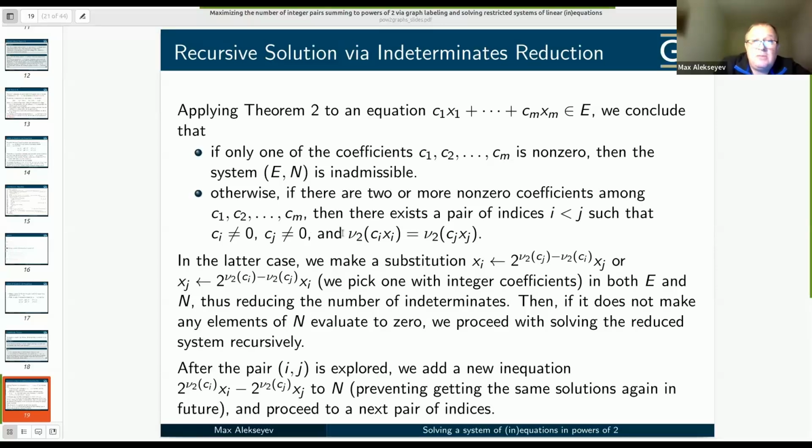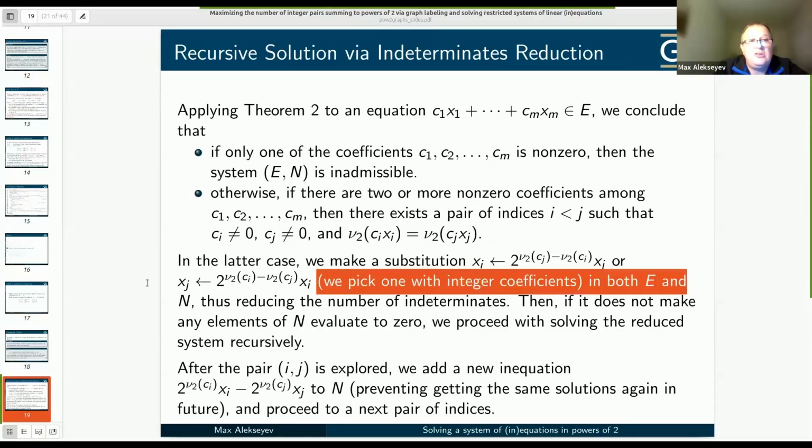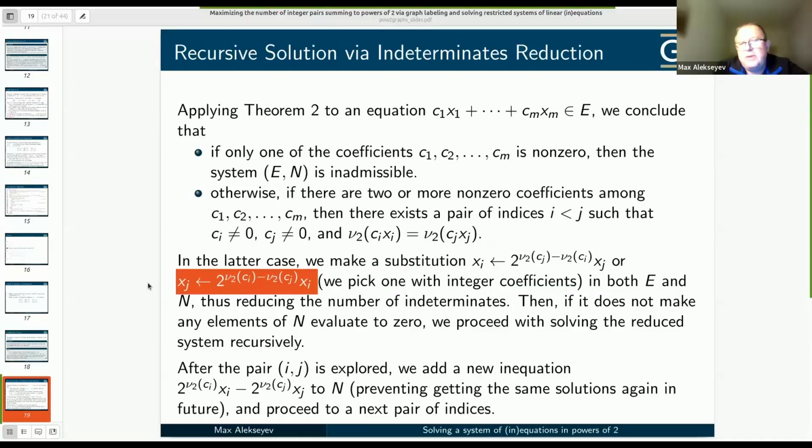In other words, we must have equality of this kind: the two-adic valuation of Ci times xi must be equal to the two-adic valuation of Cj times xj. And we are going to go over all possibilities here. And we are going to make a substitution, either substituting xi in terms of xj or xj in terms of xi, depending on the sign of this difference.